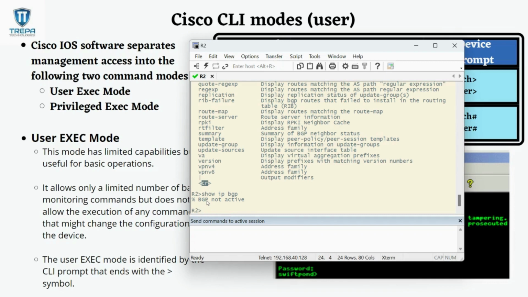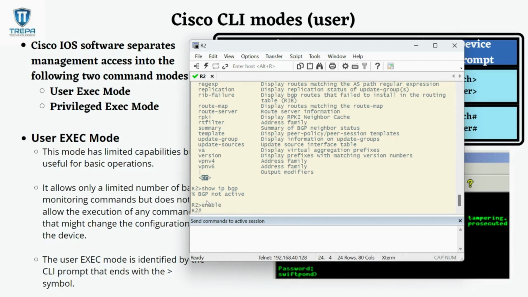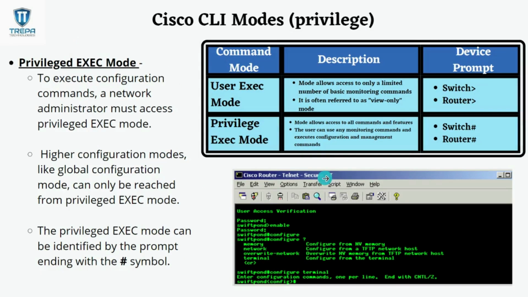So what else can we do from user mode? Go into privilege mode. And let's go into what privilege mode is. So privilege exec mode, again, you must have elevated privileges to get into it if you have some access controls on your device, right? It allows you to get into the higher configuration modes like global config mode, where you can actually start configuring the device.